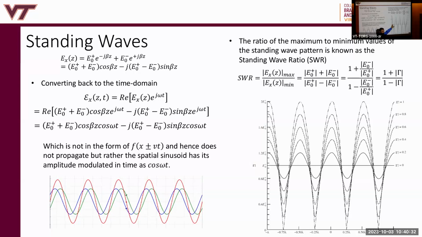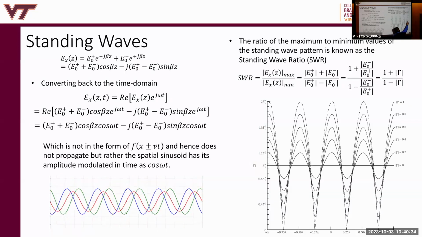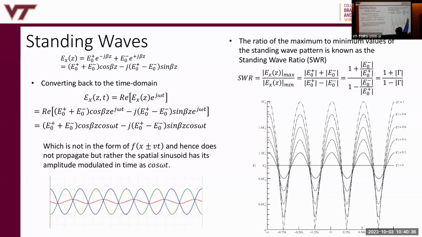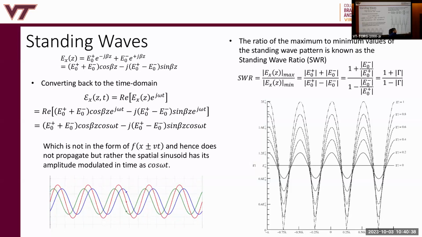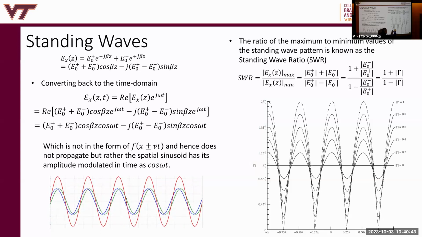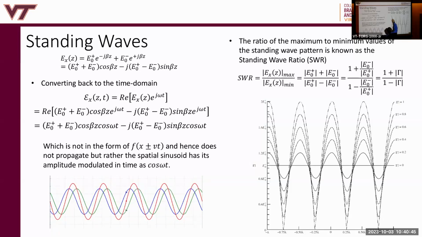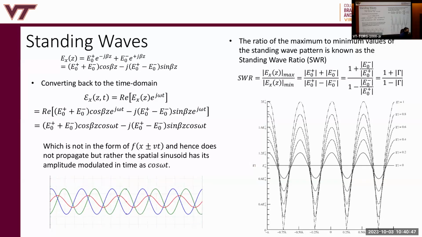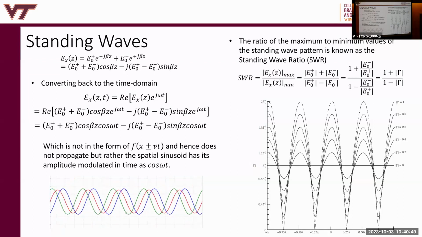And then we have 0.4, 0.6, 0.8, and 1. In the case that the wall is perfectly reflecting, as in this animation in the lower left, the amplitude is twice E naught, and the magnitude of gamma is 1.